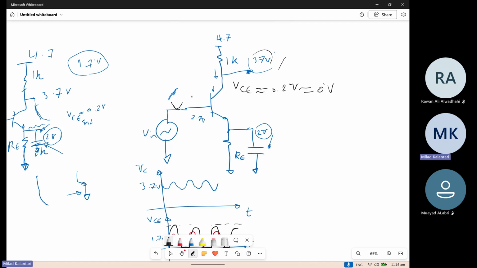So let's think, we are reducing the input, right? Reducing the input means we are reducing the collector current. Is that fine? So what is the maximum reduction of this collector current?